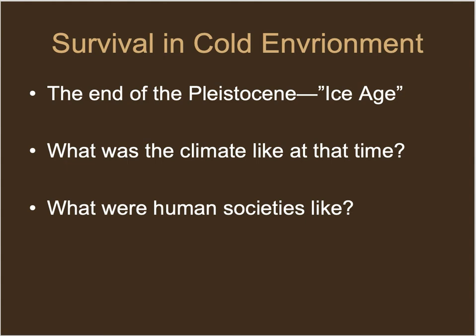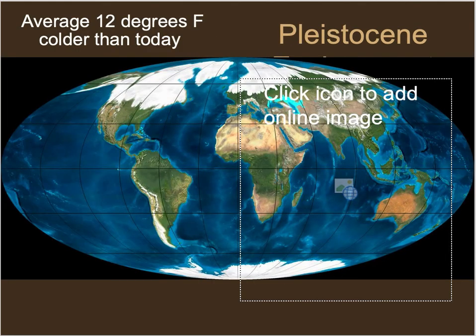The Ice Age, this time period according to geologists, is called the Pleistocene. The archaeological cultures are called something different, as we're going to see, but the Pleistocene is the Ice Age. So up until about 10,000 BC, you have a much colder environment than you do today, on average 12 degrees Fahrenheit colder.